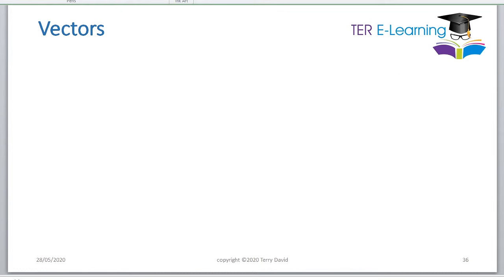Let's do our next one here now. For this particular question, I will say it again, please pay attention. We have a vector P, and the vector P is 3, 2. We have a vector Q, which is minus 1, 4.